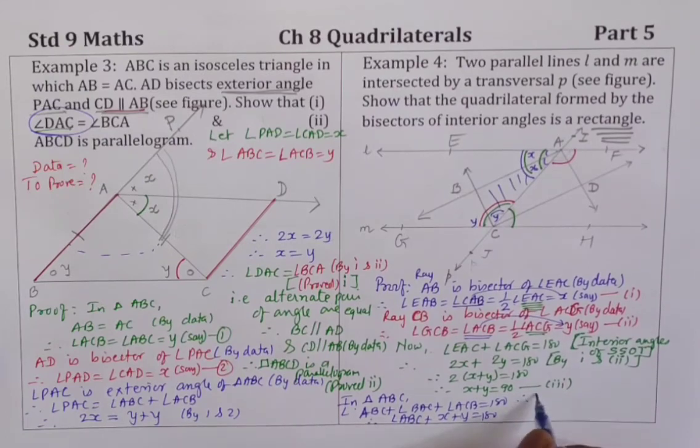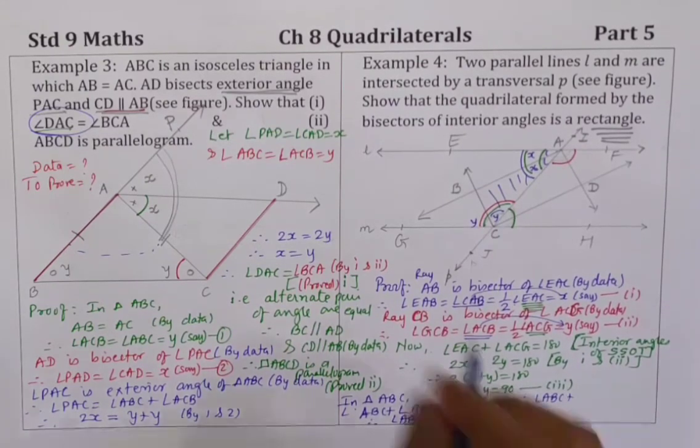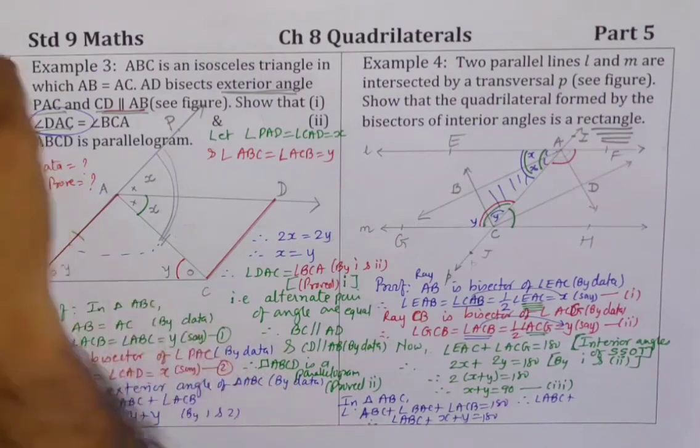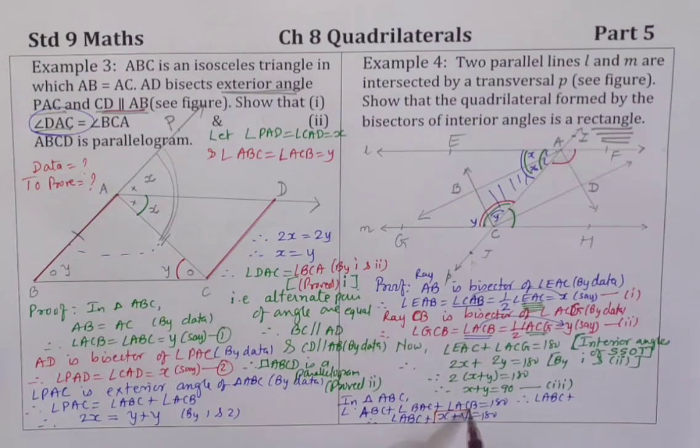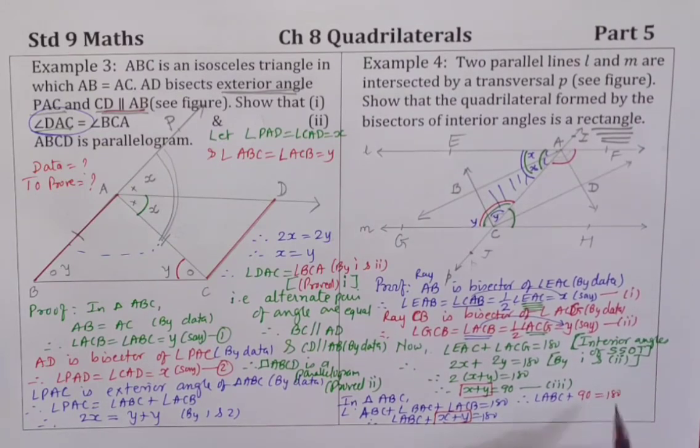Therefore, children, एंगल ABC प्लस आपको क्या मिला? What is this? X plus y, और x plus y क्या है? 90. So plus 90 is equal to 180. Therefore, angle ABC is equal to 180 minus 90, that is 90. Call it result number 4.